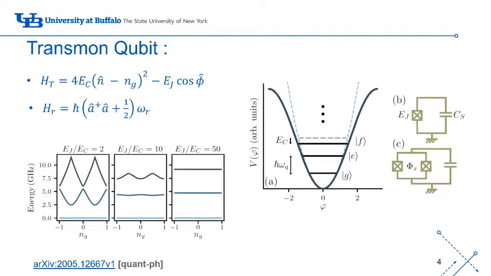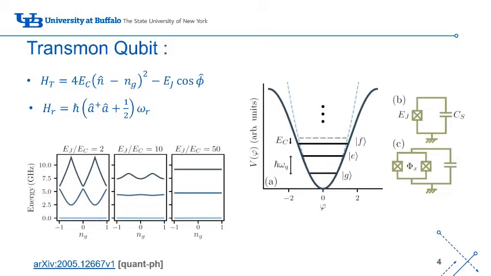The next thing is another Hamiltonian, H_R, which is the Hamiltonian for the resonator that we are going to couple our transmon with, which is basically a simple harmonic oscillator in our case, right?